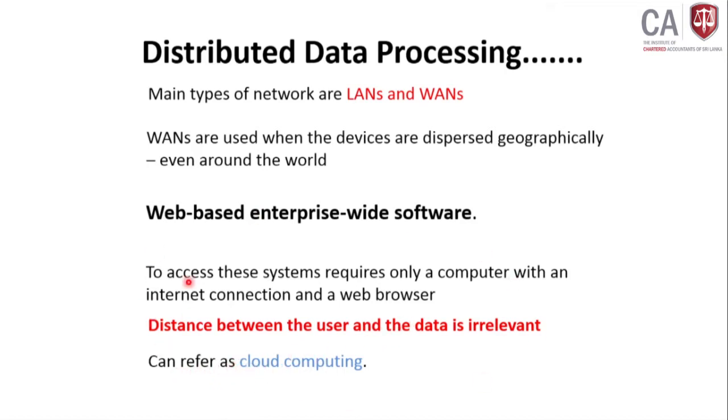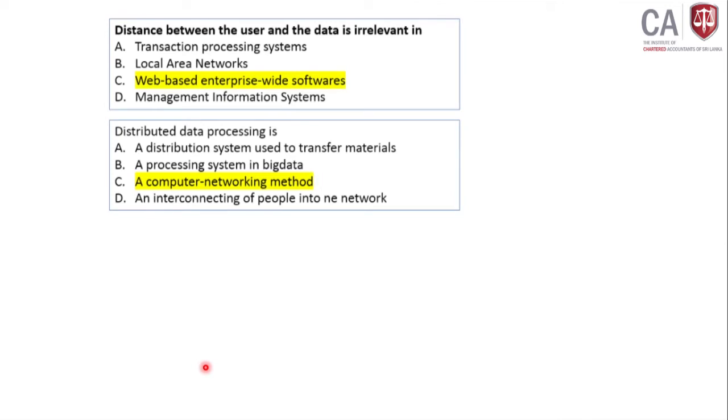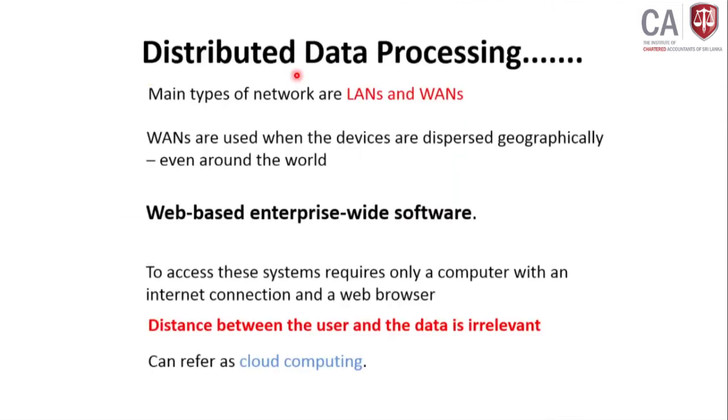Cloud computing is web-based enterprise software. Distance between the user and the data is irrelevant in what? Web-based enterprise wide software. It can be located anywhere in the world. All you need is an internet connection to browse that system.